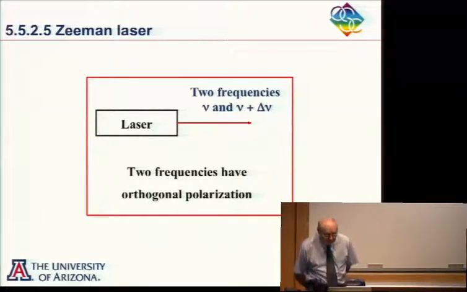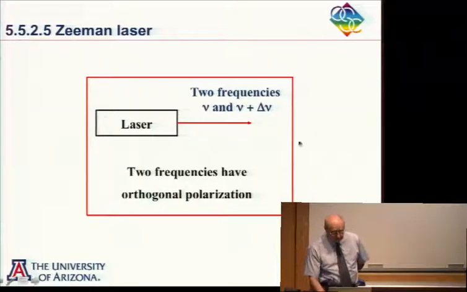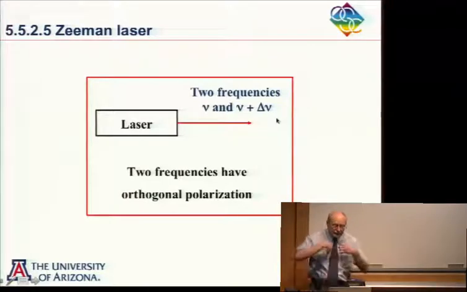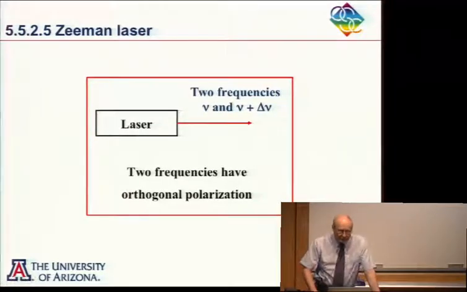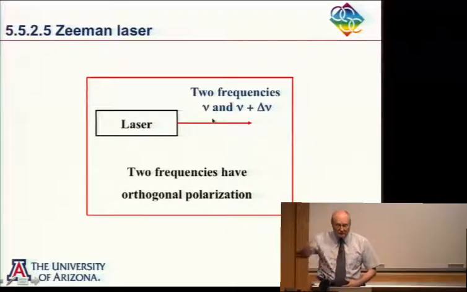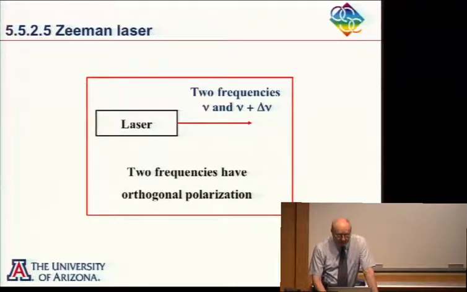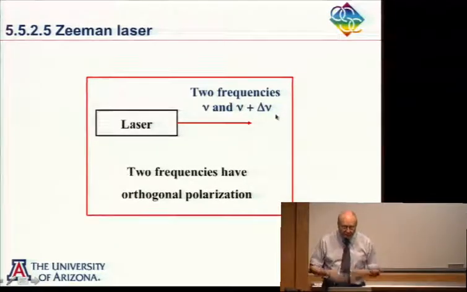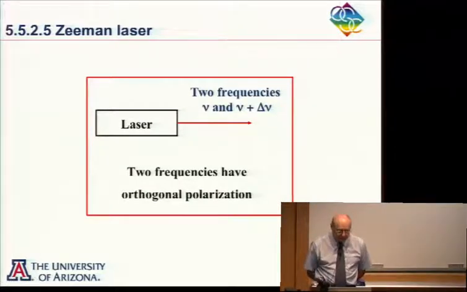The 2 frequencies have orthogonal polarization, and so again, this could be used as the input to our polarization type interferometer, where one of these frequencies with one state of polarization would go along the test arm of the interferometer, and the other frequency with the other orthogonal state of polarization would go along the reference arm, and we'll be able to do our phase shifting, as we'll see in a little bit.